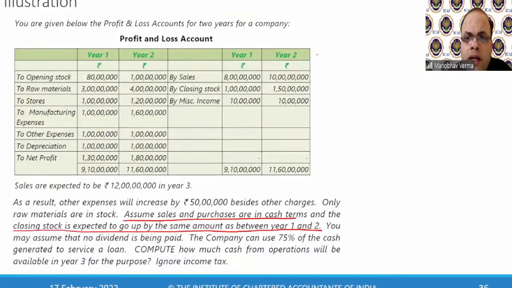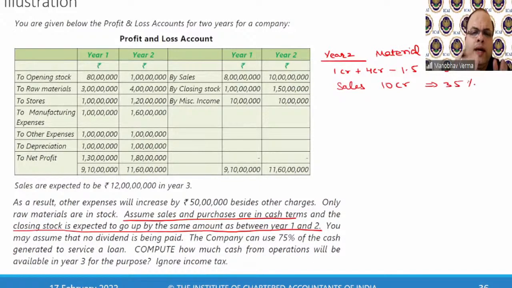So in year 2, what is my materials consumed? We have 1 crore plus 4 minus 1.5. So we're looking at 3.5, and we have sales for year 2 of 10 crore. That means we're looking at 35%.